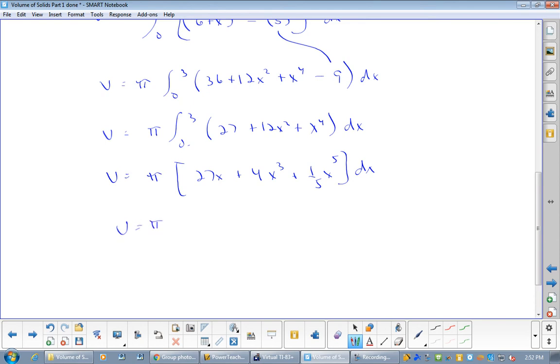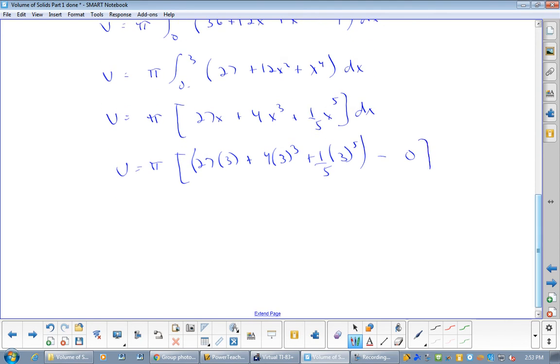Volume is pi times 27 times 3 plus 4 times 3 cubed plus 1/5 times 3 to the 5, and that's all minus 0. Okay, we put that in. Volume would equal 1188 over 5 pi cubed units.